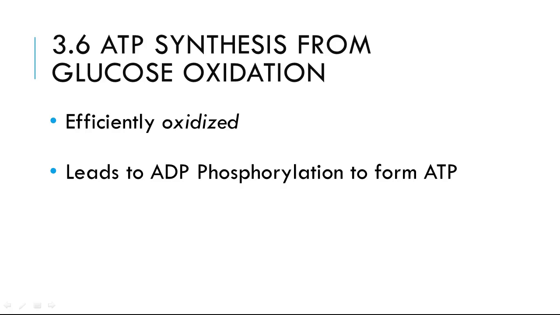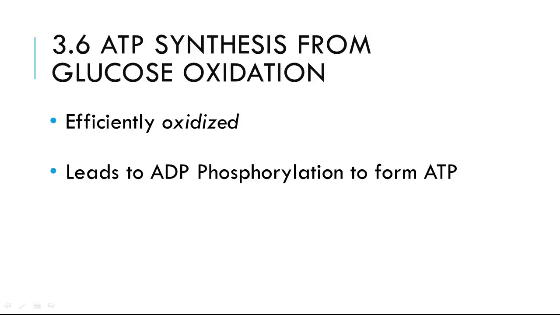So just to recap what we mentioned, we said that we are going to oxidize or catabolize glucose. What does oxidize mean? We said that means we're taking off its electrons. We saw NADH and FADH2 coming into play.